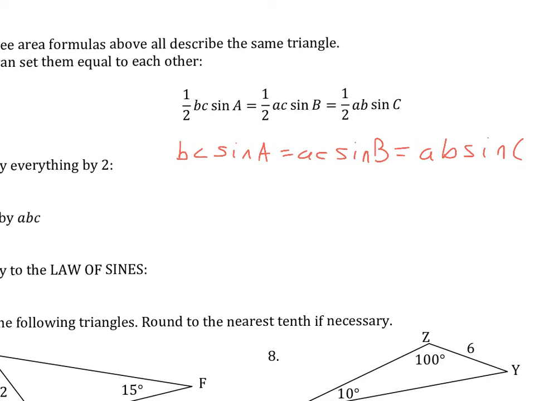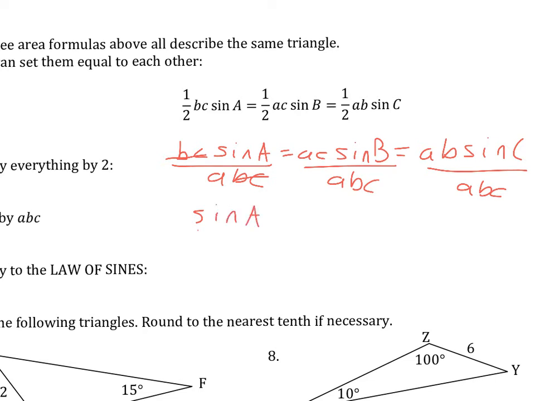Okay, now we could divide all of them by ABC. Okay, so in the first fraction, BC cancels out, and we have sine A over A. A and C cancel out.